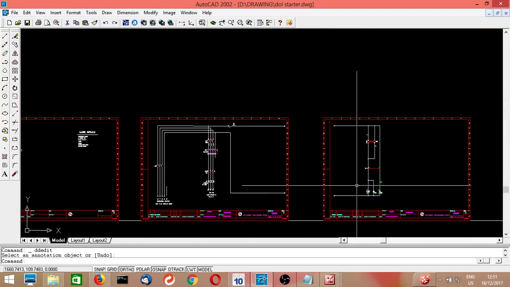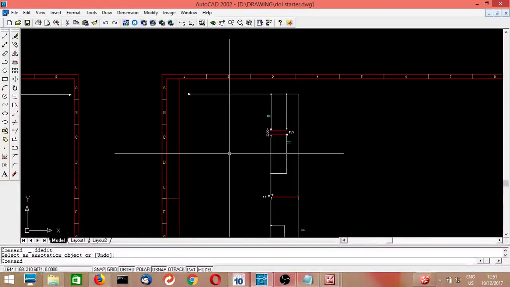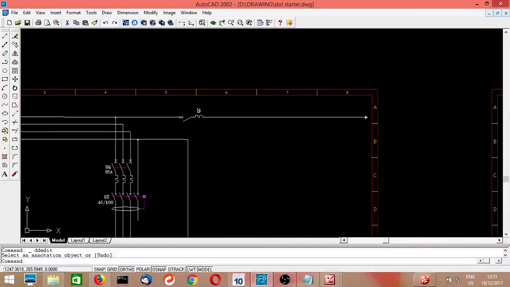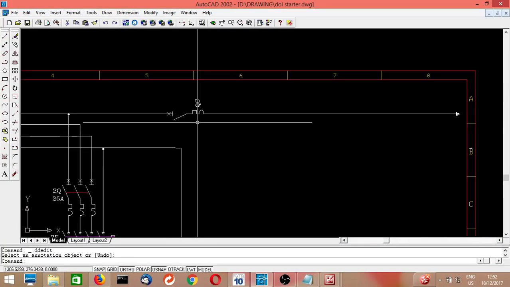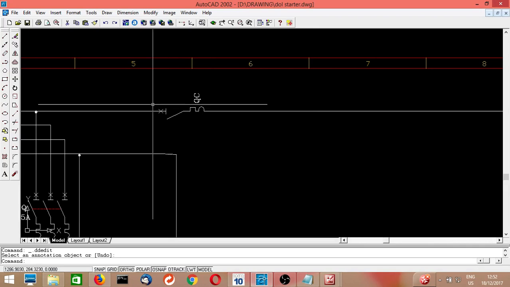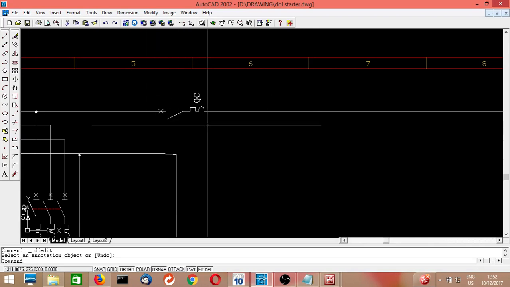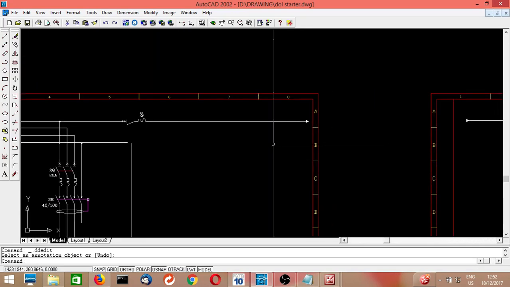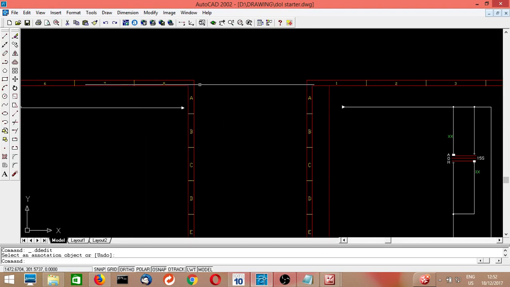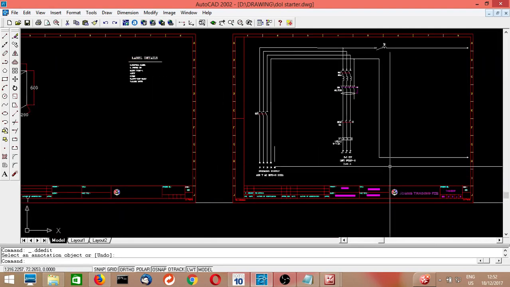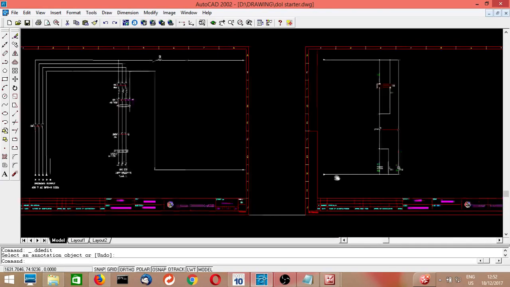Okay, this is the power circuit, and the control circuit will have one small MCB. For the control circuit we can use a single pole, maybe 6 ampere MCB. From this 6 ampere MCB we take the control supply, and the neutral also directly for the control supply.